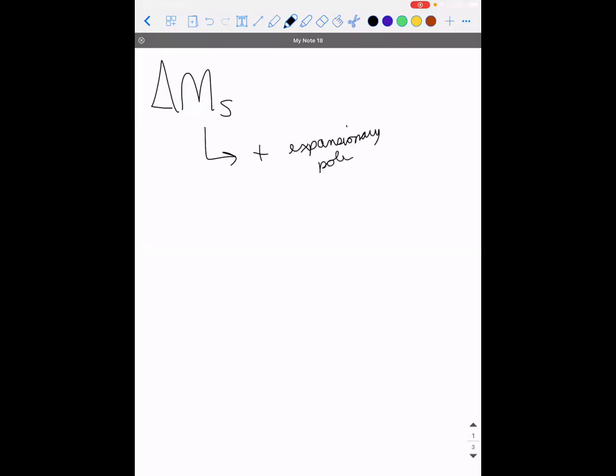I know this is more info than you requested, but if the money supply is falling, that would be contractionary monetary policy.